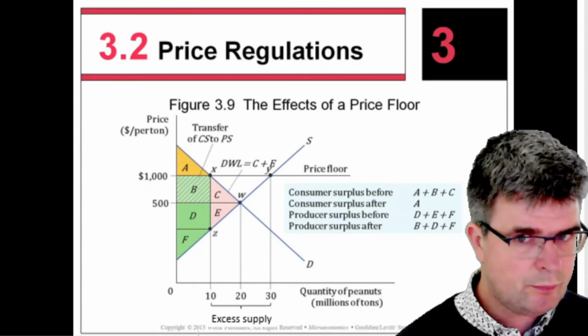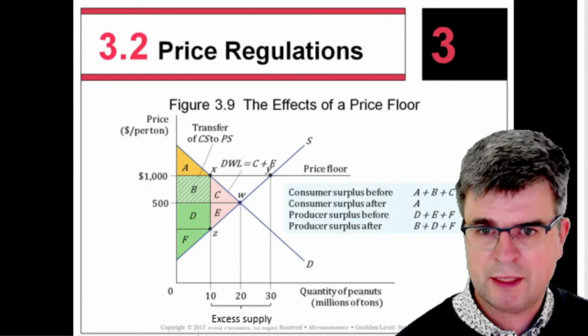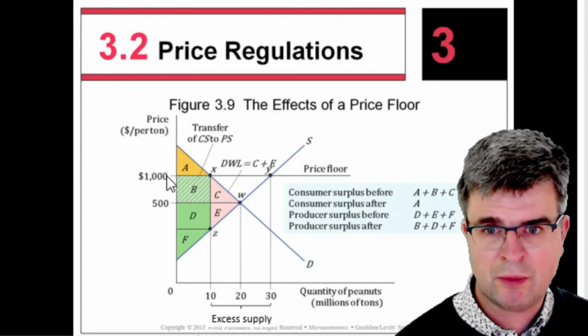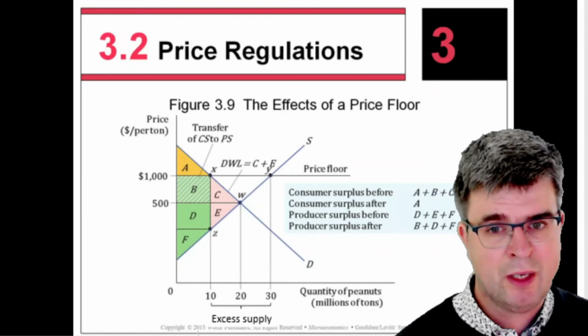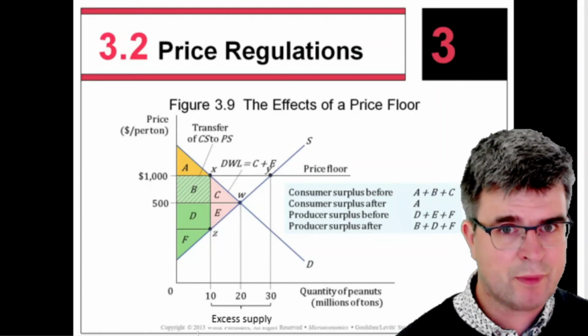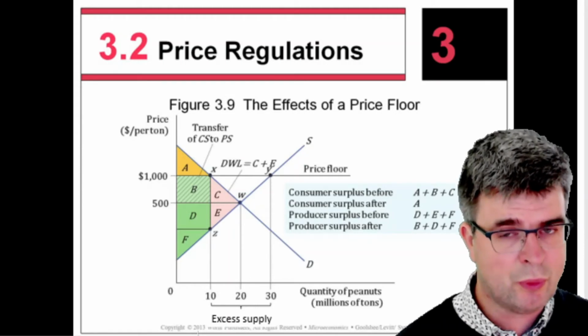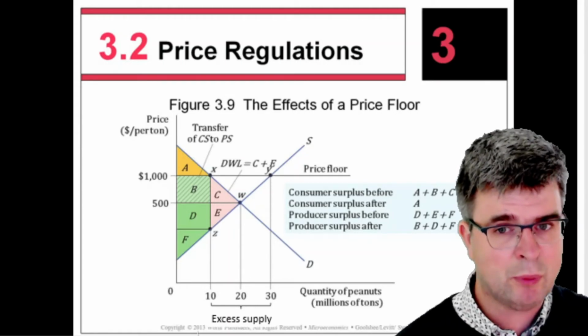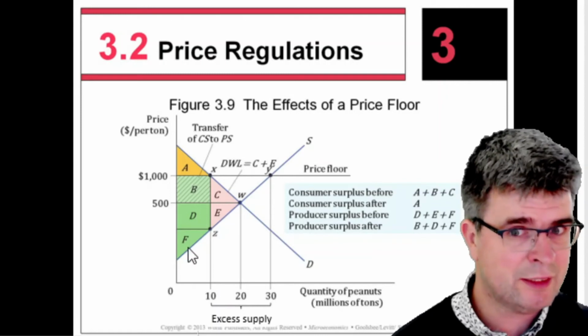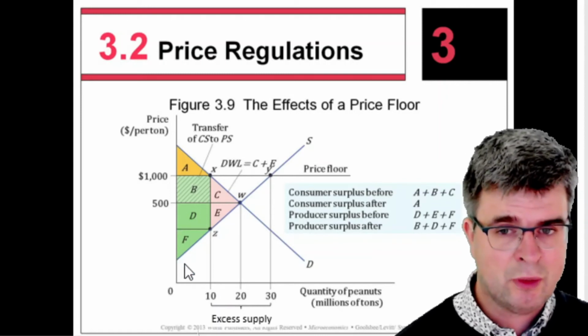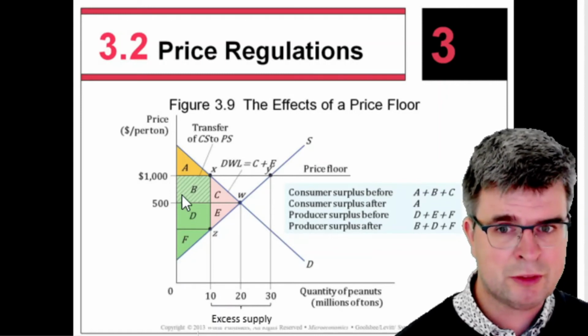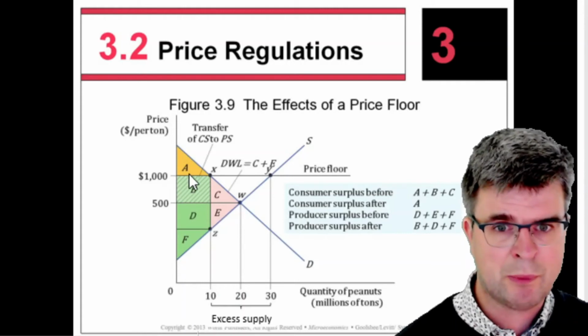Now, for some reason, the policymaker says the price of peanuts cannot go below $1,000, which is good news for the suppliers who are still able to sell peanuts at this higher price. So they will reap a higher surplus, and there will be a transfer of surplus from the consumers to the producers.